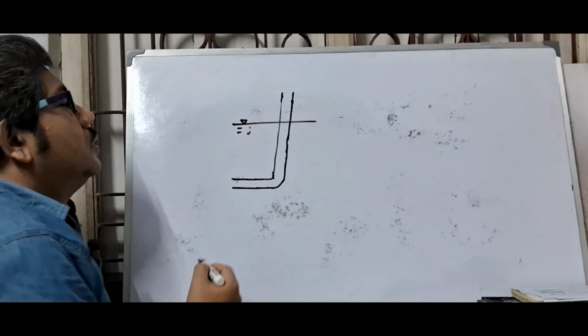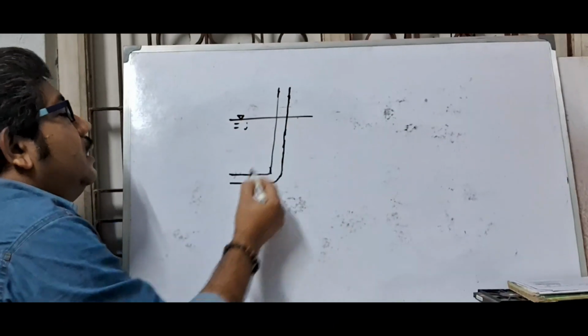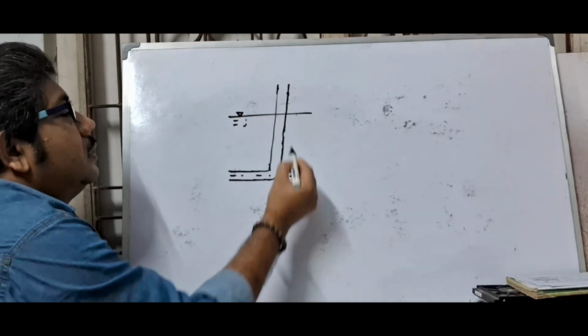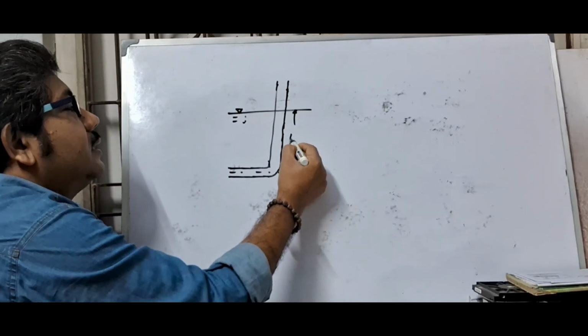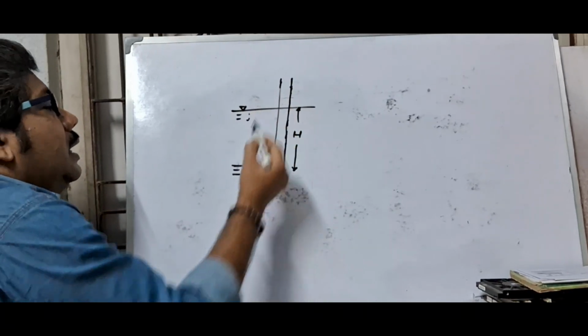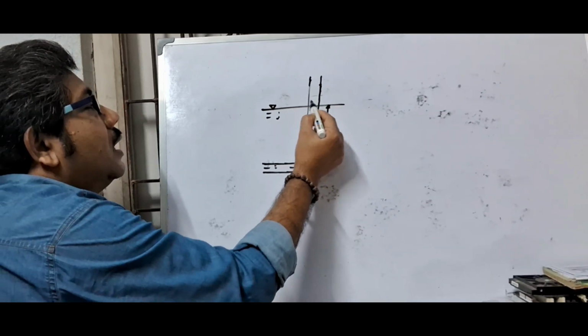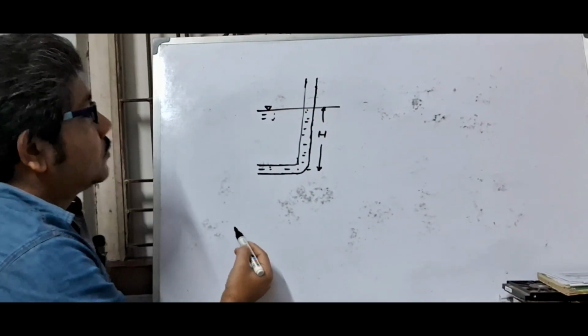When you immerse this tube into water, here the pressure head, this is capital H, and the liquid here up to the water surface.